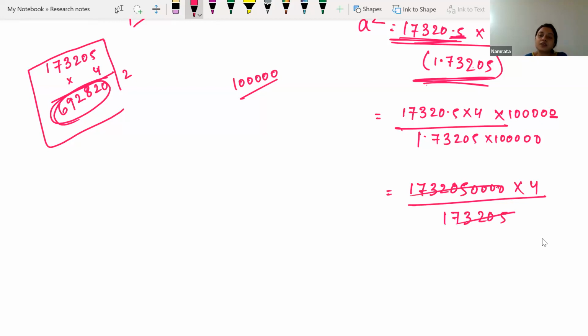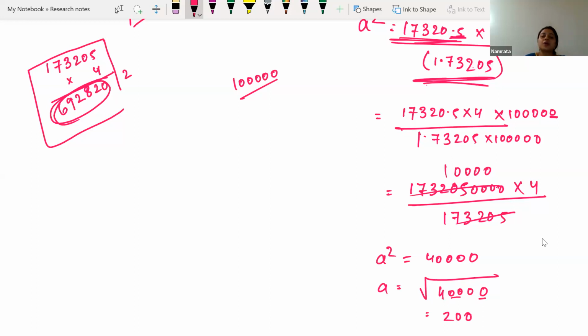Now, can we say this will get cancelled out with 10,000? Yes, ma'am. Now we are left with 40,000 as a square. A value we can easily find out: the square root of 4 is 2 into 2. It's not 4,000, it's 40,000 because 4 zeros were there, and this is 100 into 100. So 200 will come out. Is it okay? Yes, ma'am.